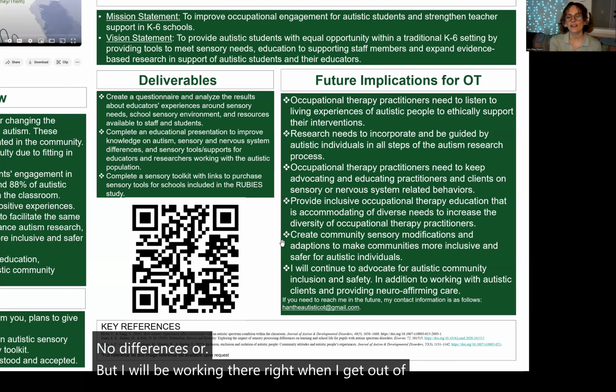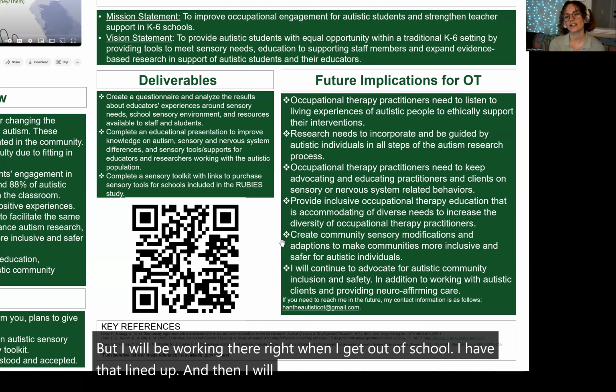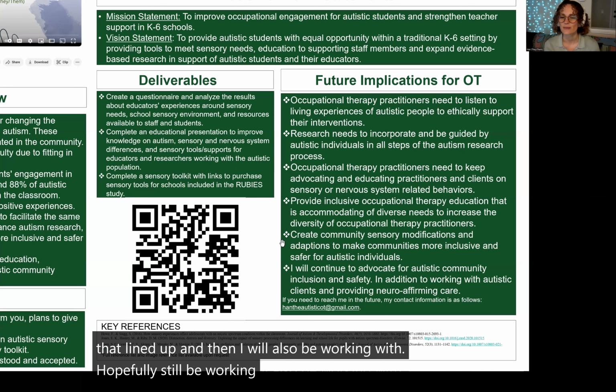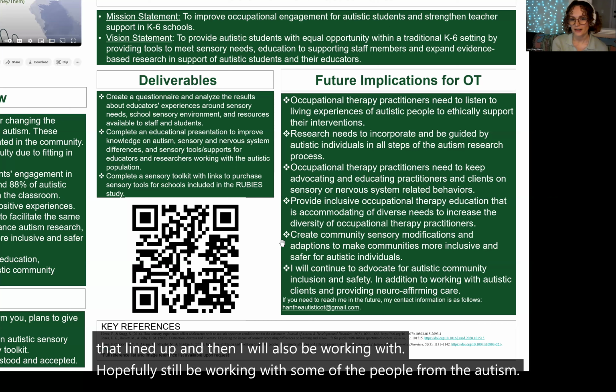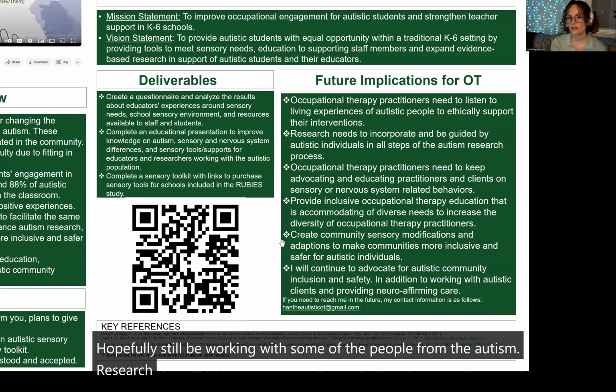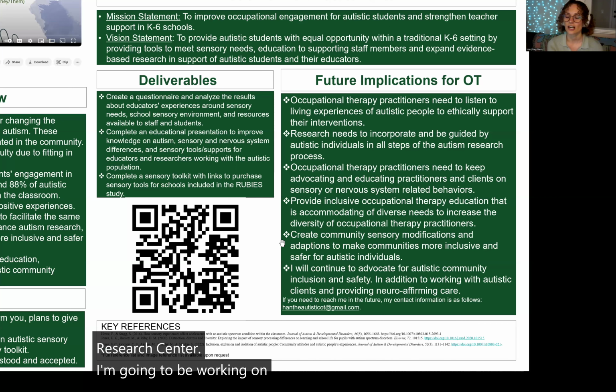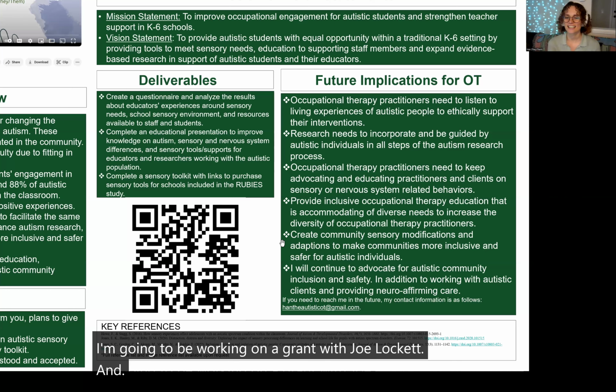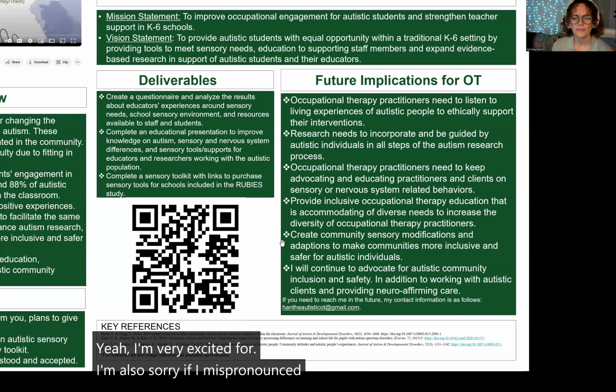I have that lined up, and I will also hopefully still be working with some of the people from the Autism Research Center. I am going to be working on a grant with Jill Locke, and I'm very excited, sorry if I mispronounced that name.